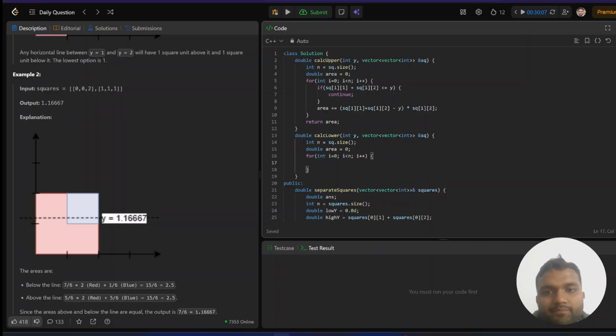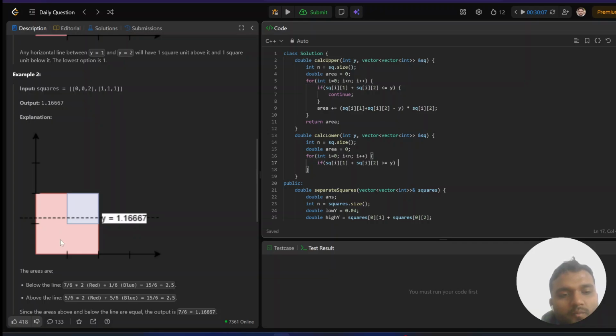And here the same. If your max y coordinate lies above or equal to y. Wait. If y lies equal, you can contribute. No, you can't. Your max y is less than or equal.